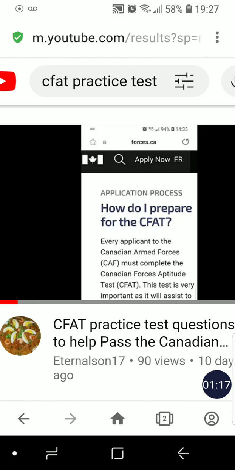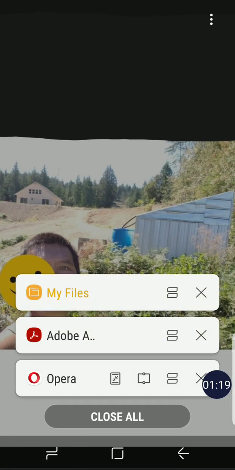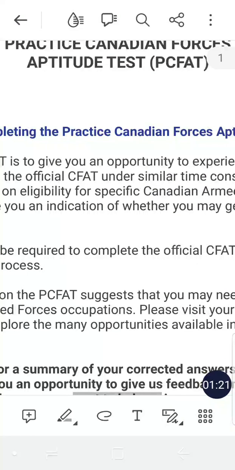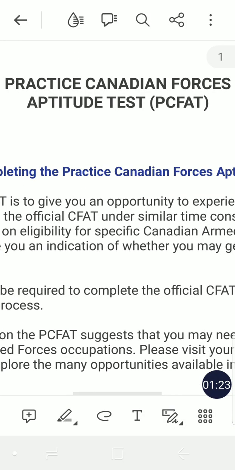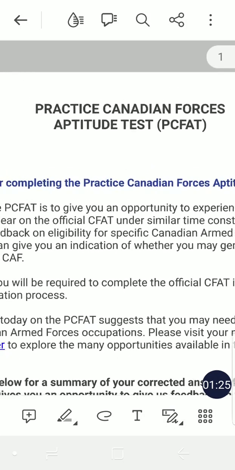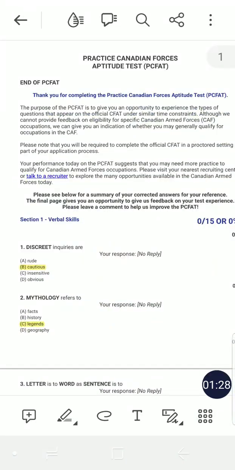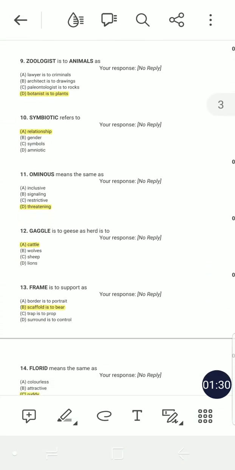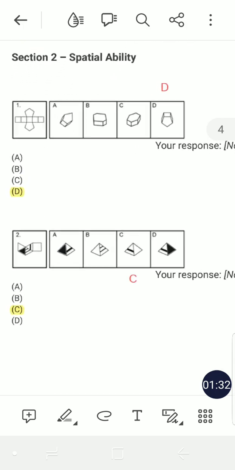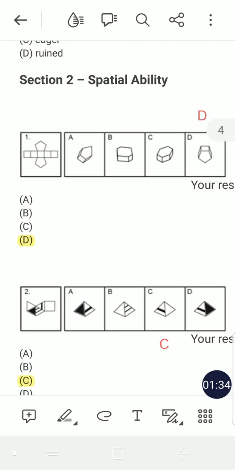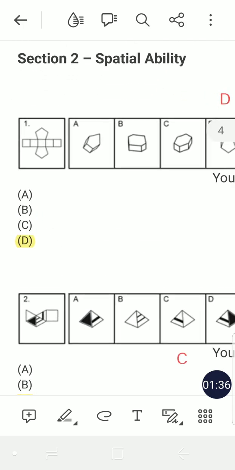Okay, so I'm gonna change to a different screen. Okay, so this is the answer sheet, and then I'm just gonna scroll down to the spatial ability. Yes, so there's the spatial ability question.